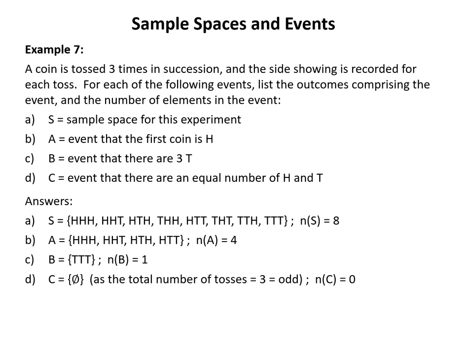In part B, we have A equals the event that the first coin is heads. In C, we have event B, which is the event that there are 3 tails. And in part D, we have C, which is the event that there are an equal number of heads and tails. So the answers are as follows.